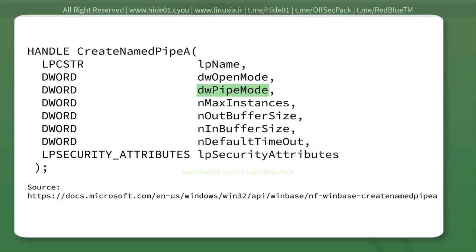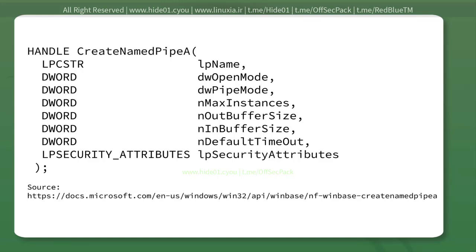The third argument describes the mode the pipe operates in. We'll specify PIPE_TYPE_BYTE to directly write and read bytes, along with PIPE_WAIT to enable blocking mode. This will allow us to listen on the pipe until it receives a connection. We'll specify the combination of these two modes with the numerical value 0.